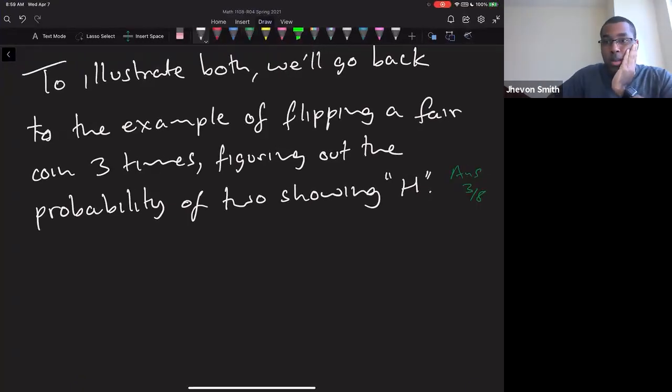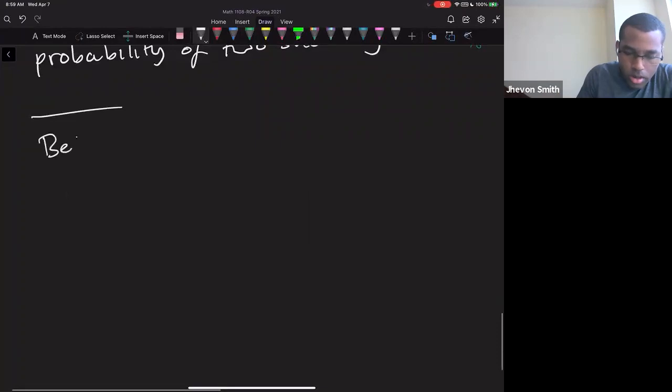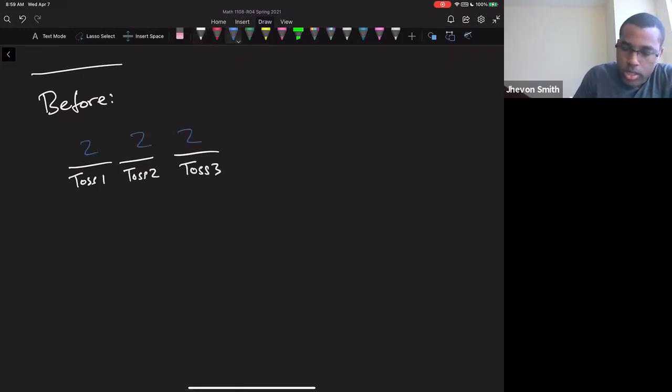So we figured out it was 3 out of 8 because we knew the multiplication rule. So we knew that there were 2 choices in each slot. So let's do it that way. Before, what we did was, okay, toss 1, toss 2, toss 3. And we knew that there were 2 choices, 2 choices, 2 choices. So that led to 2 cubed equals 8 total choices.